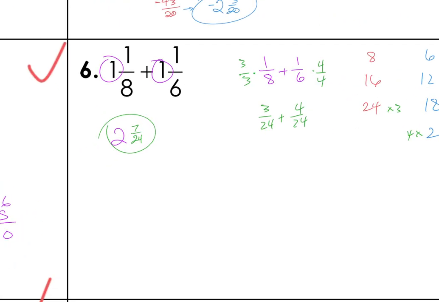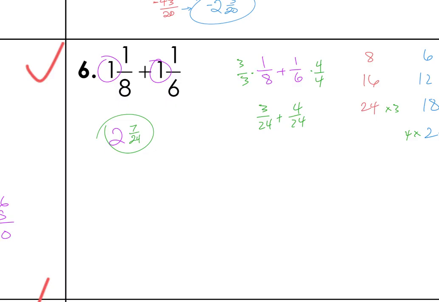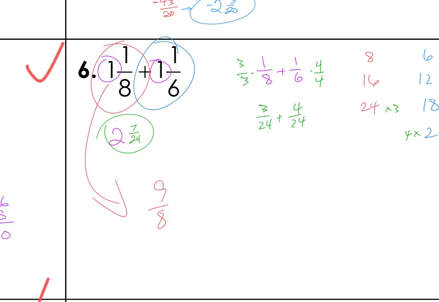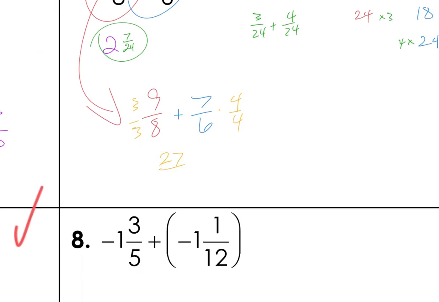Because here's the difference. We could, if we had converted it to improper fractions first, this would have become 9/8. And this one would have become 7/6. Then you multiply by 3 over 3. Then you multiply by 4 over 4. And you would get 27/24 plus 28/24.